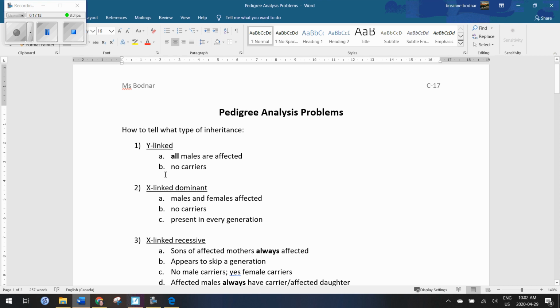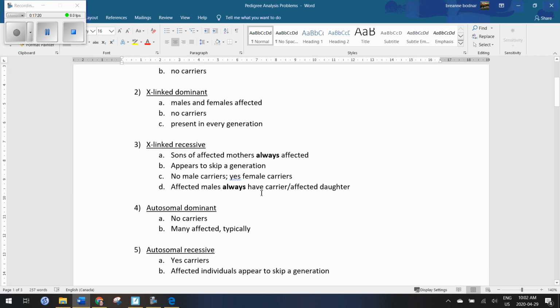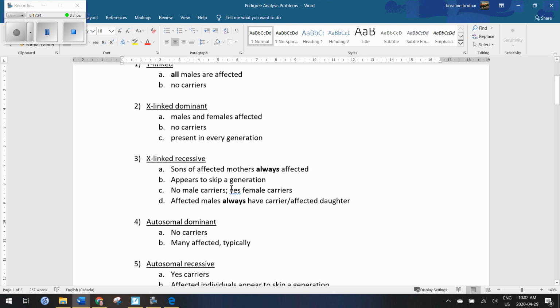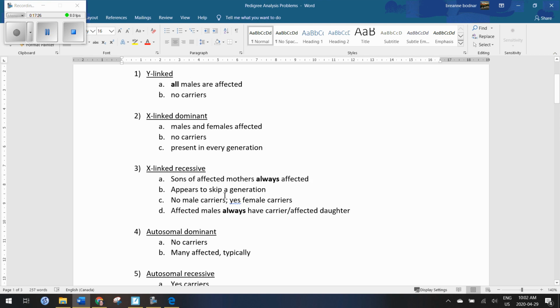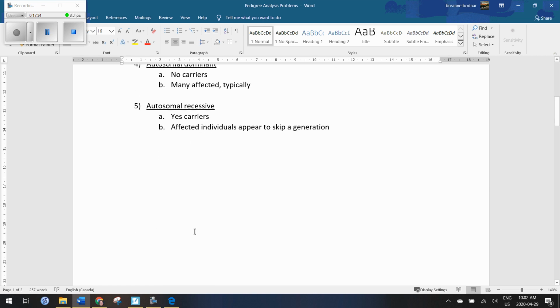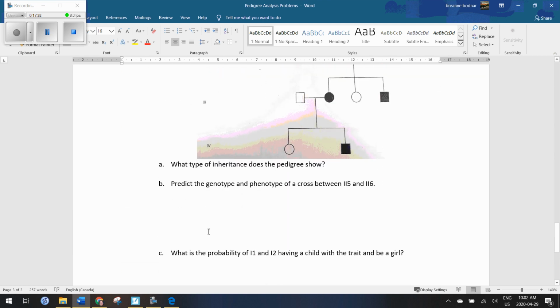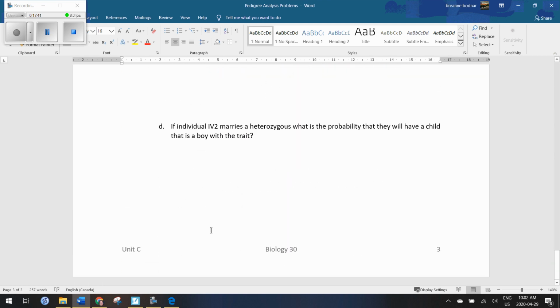So I kind of put hints on the front page to how to tell which type of pedigree it is, because on a test you may be given a pedigree and you have to determine, is it X-linked, is it X-linked recessive, is it autosomal dominant? So you can use this as a guide. Okay, and then there's practice questions on the back. I highly recommend that you try these and then check the answer key to make sure you're doing it right. Good luck.